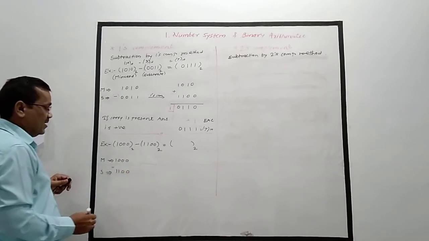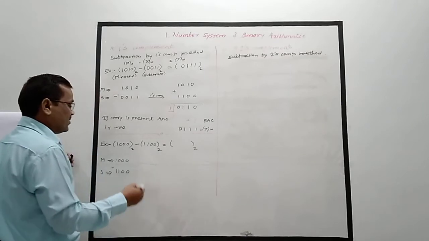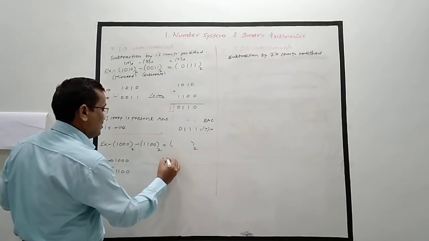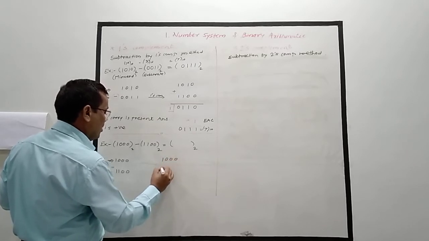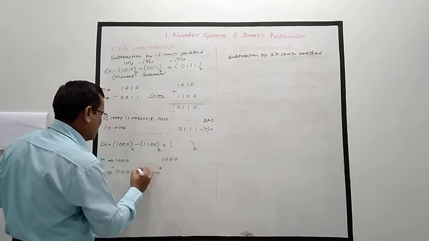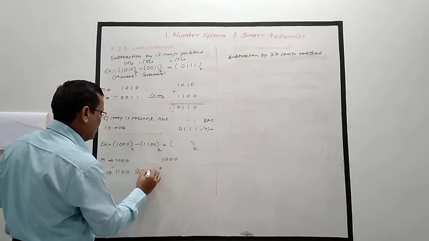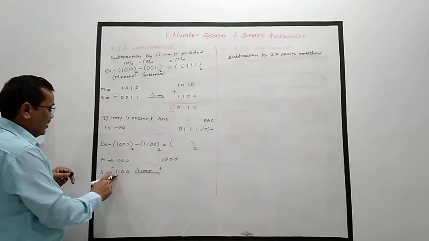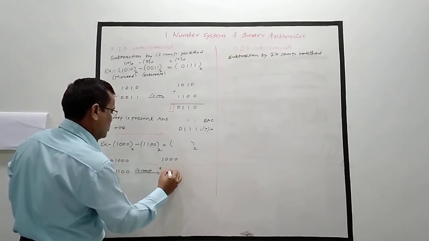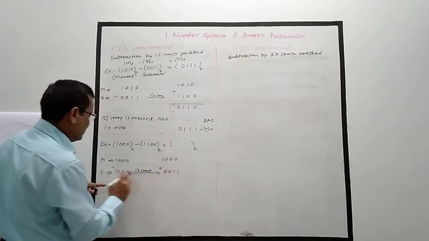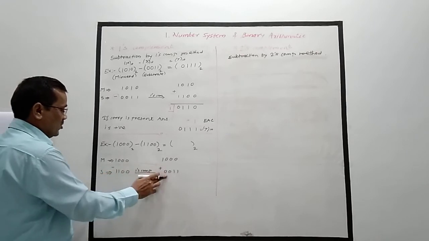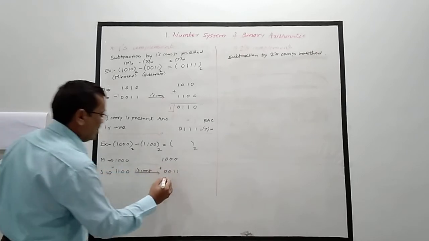These are to be subtracted, but we convert this subtraction into addition. 1000 plus, why it is plus? Because we take ones complement of subtract. Ones complement of what we get? 0011. This is the ones complement of subtract. Replace 1 as 0 and 0 as 1.